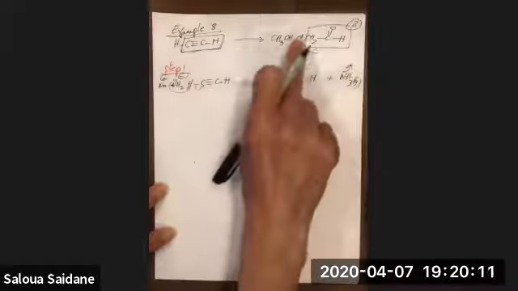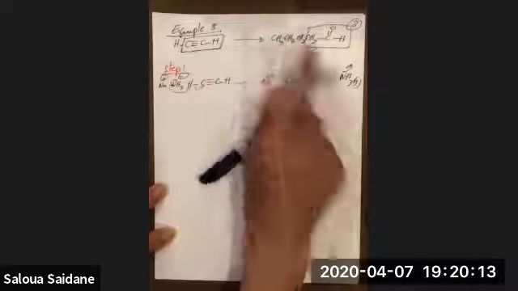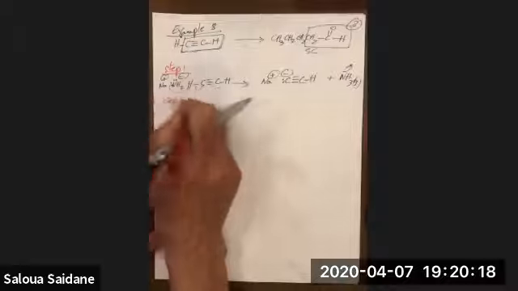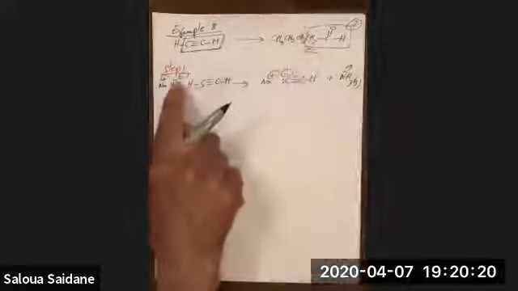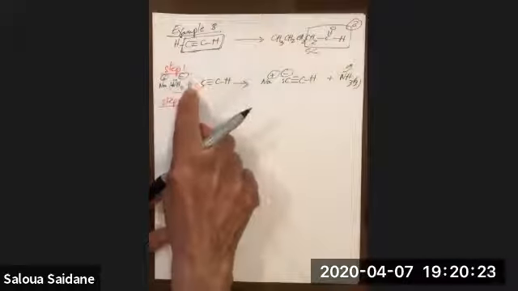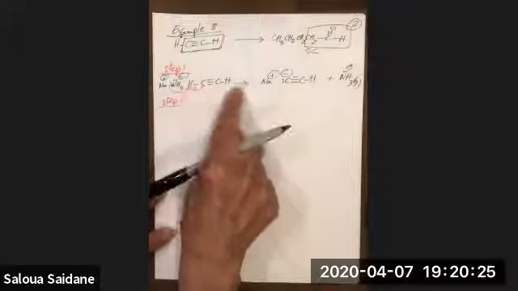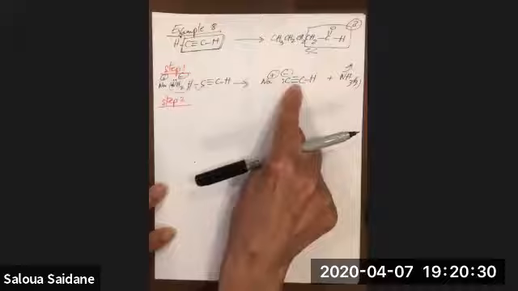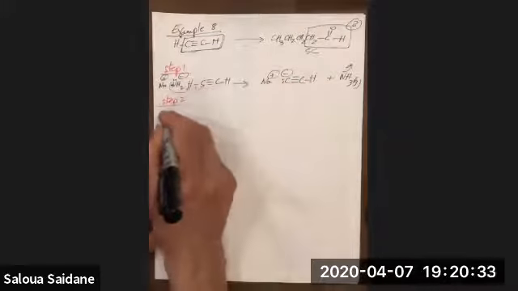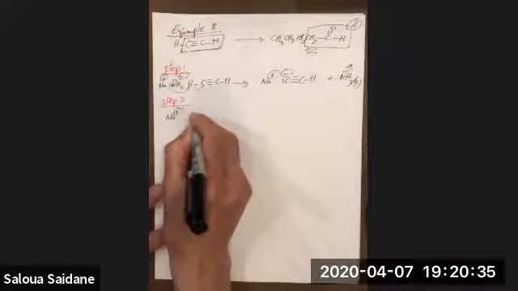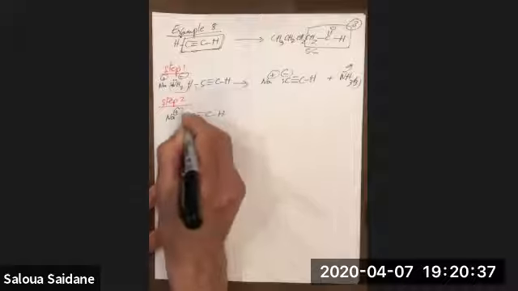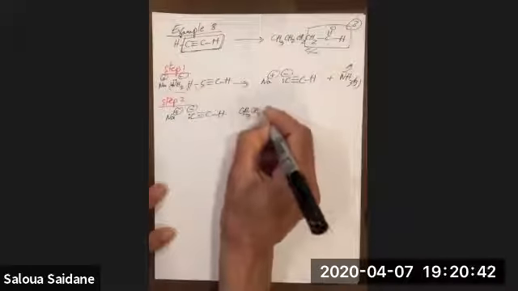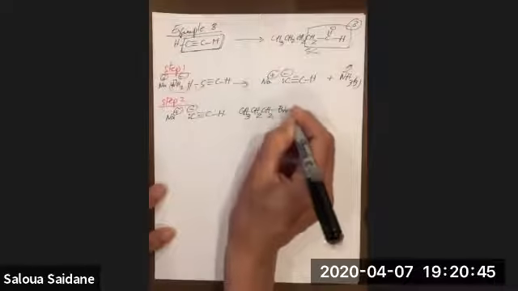Then I want to add on this side a propyl. So step 2. Every time you add carbons, first you remove the hydrogen from the terminal alkyne, and then you add an alkyl halide. So here I have Na plus, CH minus, and I'm going to add CH3, CH2, CH2Br.